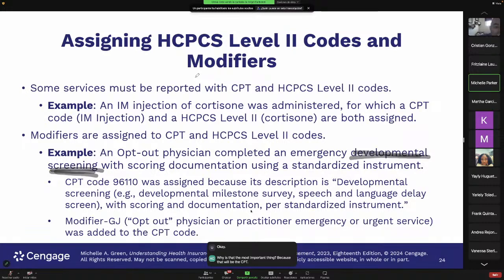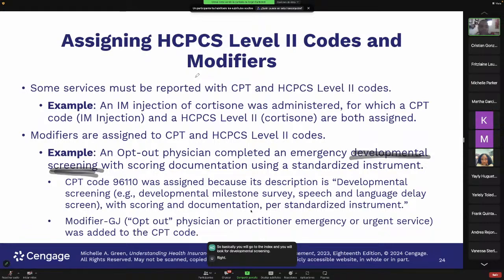And then you know that it says "with something." When it says "with something," that is not going to be the main term. That is something that is sub or added to the term. So basically, you will go to the index and look for developmental screening.